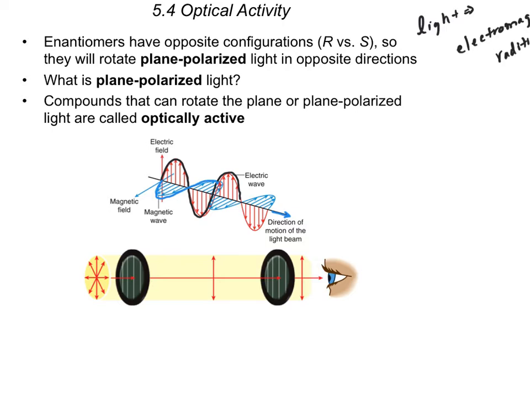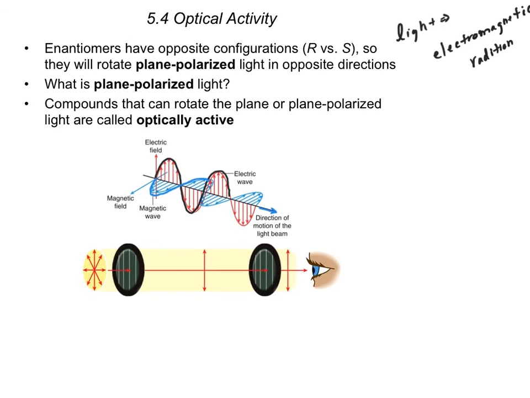Now, does anyone know what polarization is? A lot of people actually deal with this on an everyday basis, but they don't really know what they're dealing with. A lot of times you can get polarized glasses, right? So when you polarize light, what you're actually removing is the magnetic field component. You're only looking at the electric field component, okay?